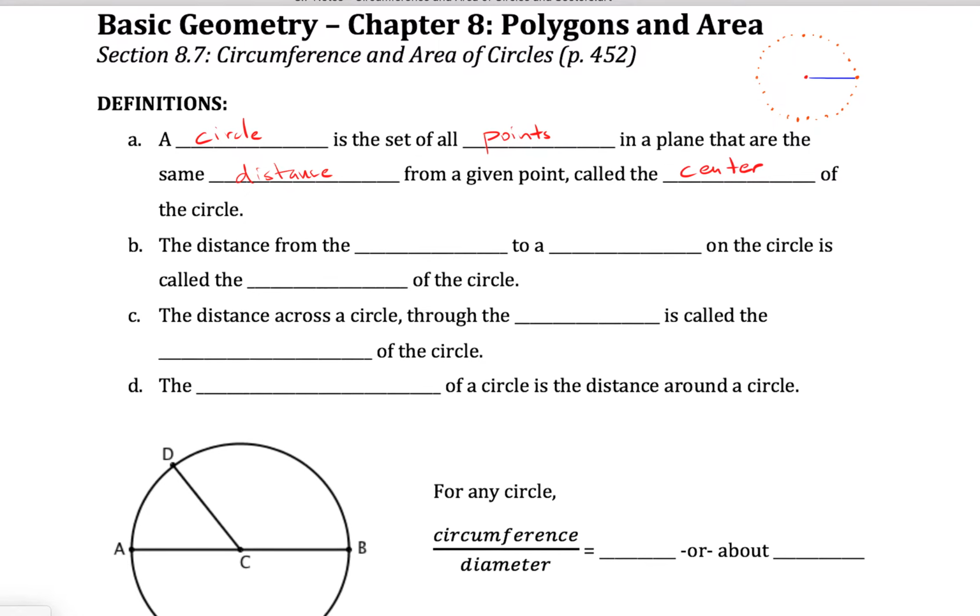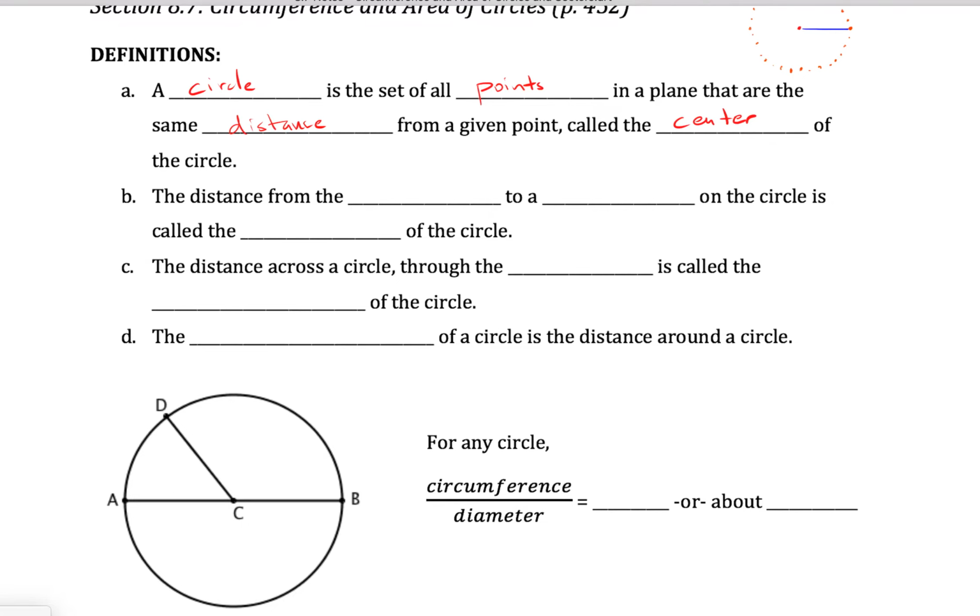The second definition that we need to know has to do with a part of a circle or a measurement within a circle. If I measure the distance from the center of a circle, so if I look down at this diagram where C is my center, I picked C for center, to some point that is on the circle, like point D, this distance right here from C to D is called the radius of the circle.